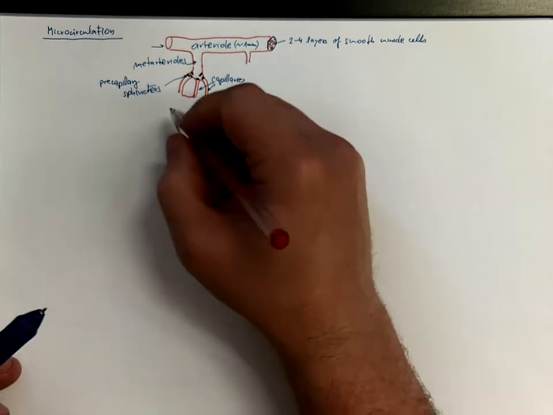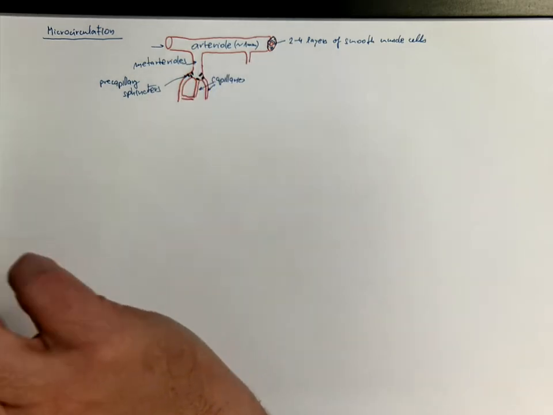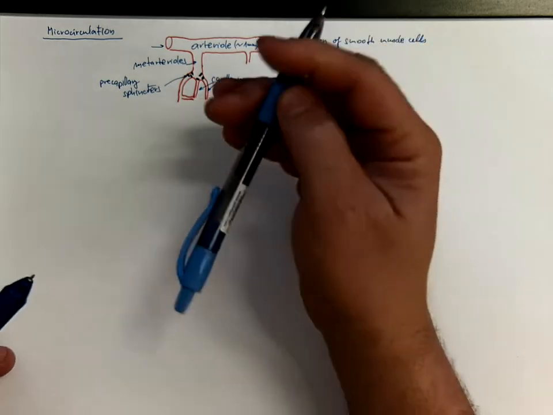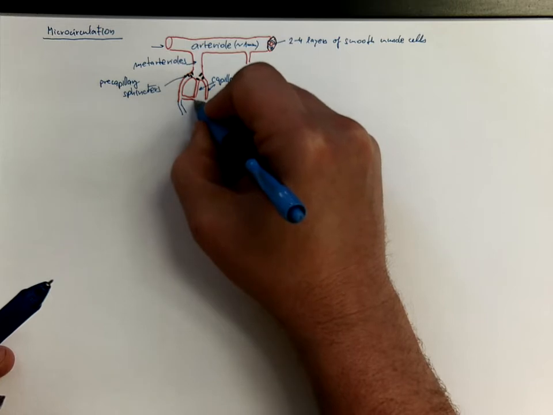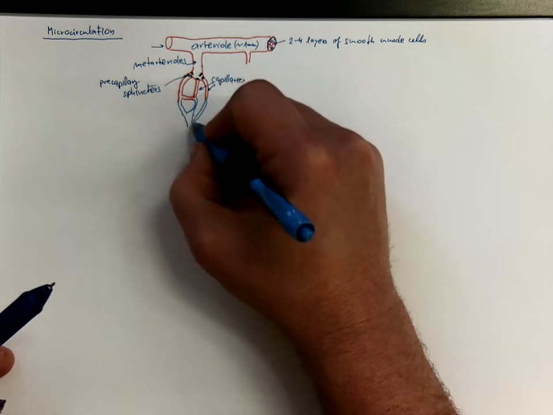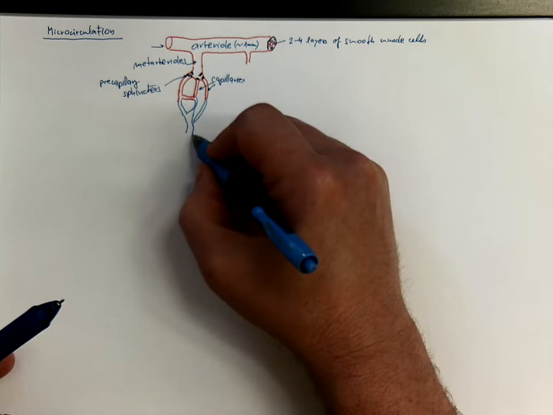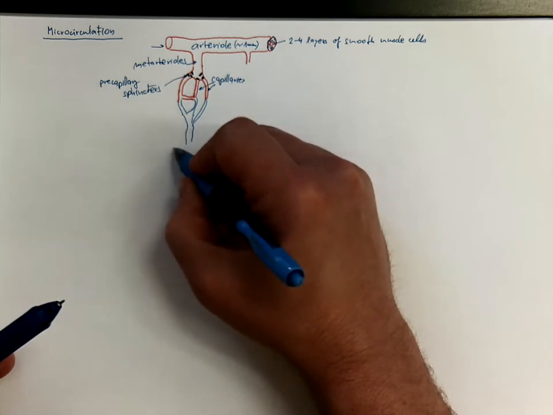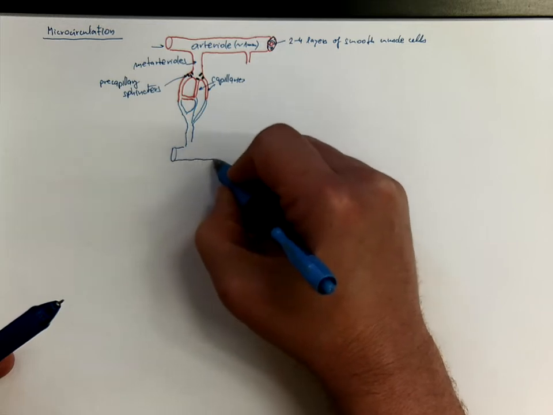The capillaries are forming anastomosic networks, and they change from arterial capillaries into venous capillaries, and the confluence of these venous capillaries forms the postcapillary venules and the venules.